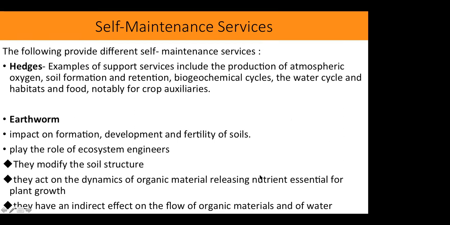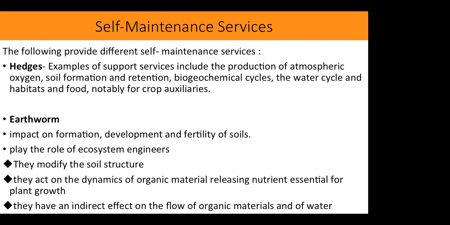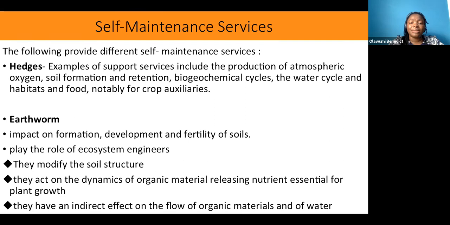Okay. So they also help in biogeochemical cycles, the biological and chemical cycles that happen in our farm. Then they help in the water cycle, habitat and food. They help in water retention in our farm because the roots can travel down a long distance, and when there's shortage of water in our farm, they can tap into the water bodies in the lower part and bring them to the upper surface.